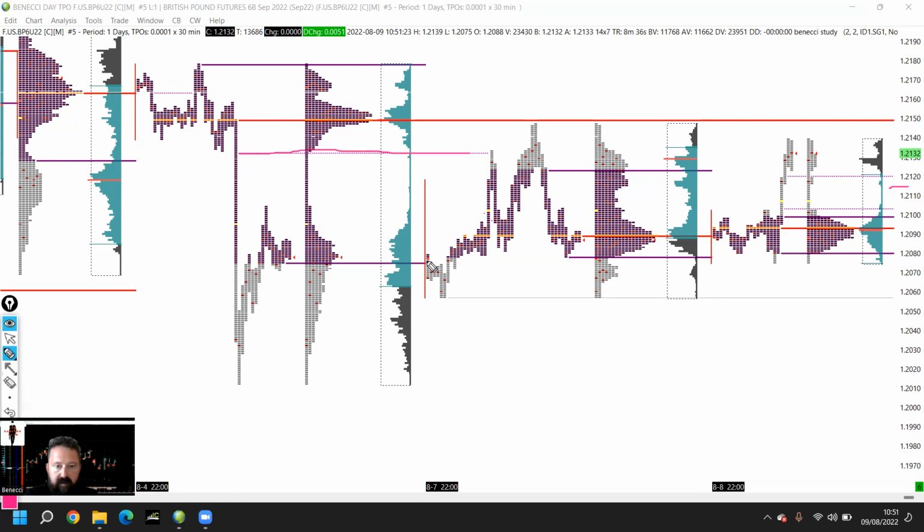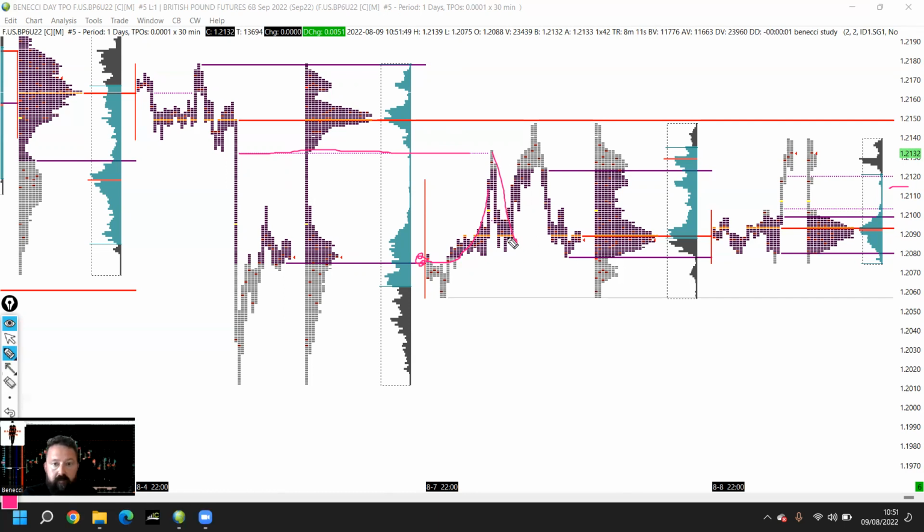You can see the next day price opened at value area low. We came back up to the single print, and look, straight away the market moved back down from let's call that 2130 to, let's just call it, 2085. So what's that, 45 pips or something?